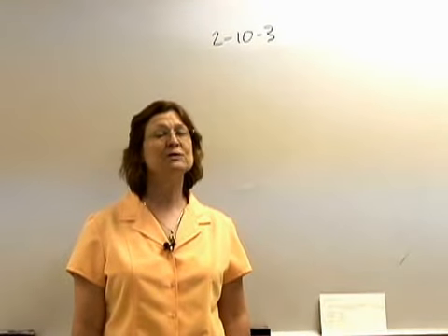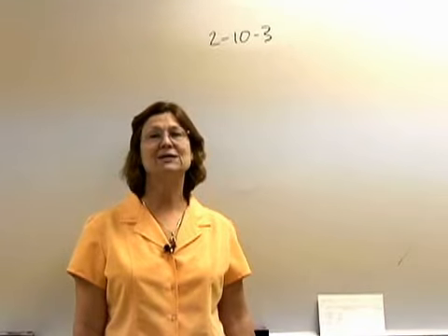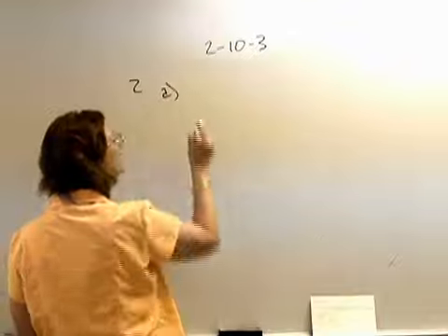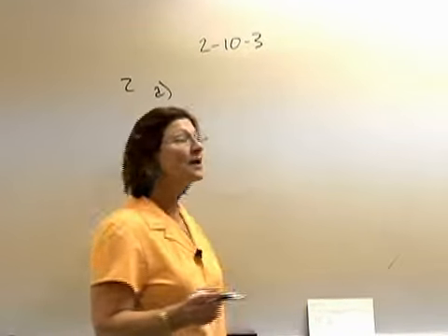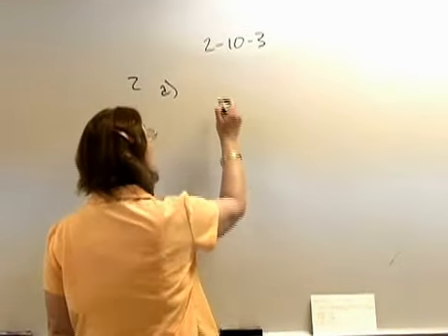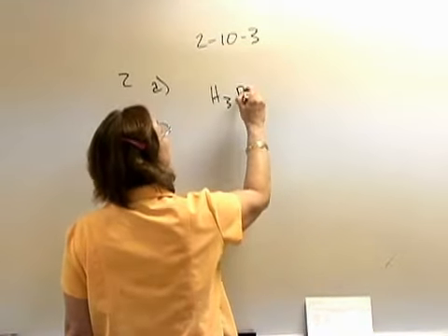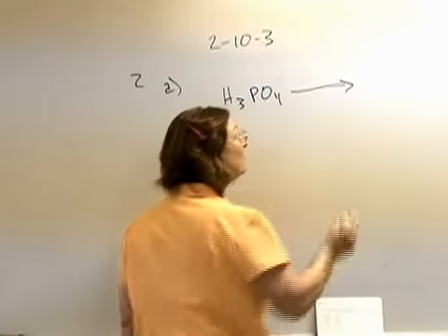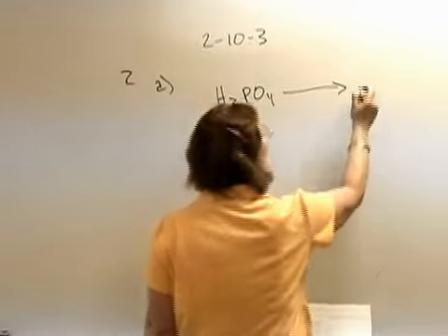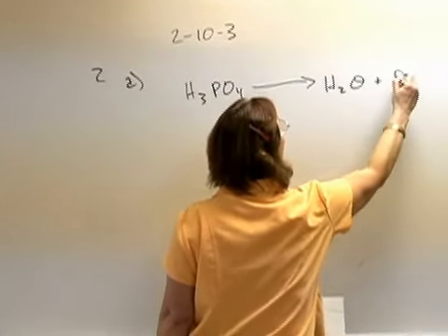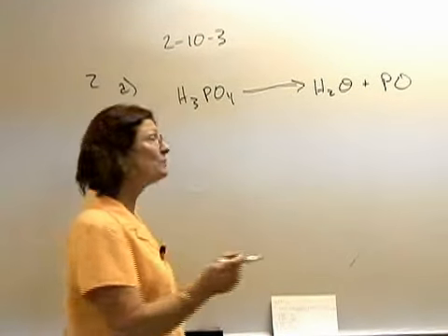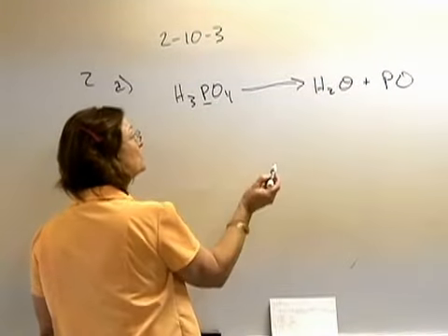Number 2 shows that we must be able to complete and balance equations. The first one, A, is to decompose an oxy acid, and therefore I have to review my penguin sheet. I must know those acids. Phosphoric acid is H3PO4. Whenever I decompose an oxy acid, I always get water and some form of the acid anhydride. To know which acid anhydride I'm going to get, it will be consistent with the charge on this phosphorus.